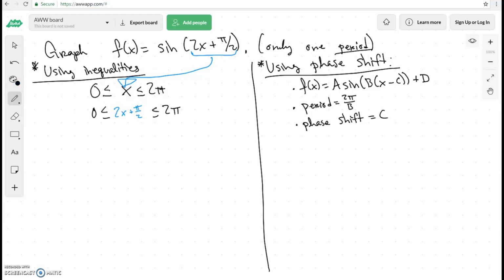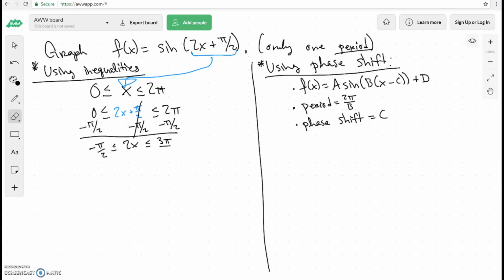Okay, so I'm going to go ahead and subtract pi over 2 from all three sides. This is going to go away. I'm left with 2x is less than or equal to, this is going to give me what? 3 pi over 4, and this is going to give me negative pi over 2. It should be 3 pi over 2.